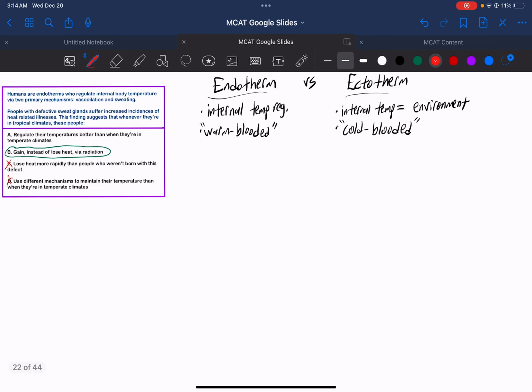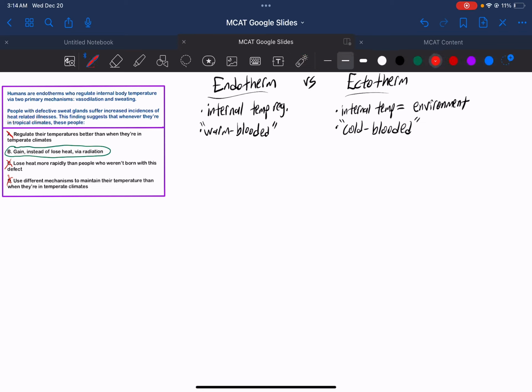It says they regulate their temperature better than when they're in temperate climates, which makes no sense. It's basically saying that these people with this defect regulate their temperature much more effectively in these hot environments, but we just read that they die more often in hot environments. So that absolutely makes no sense.